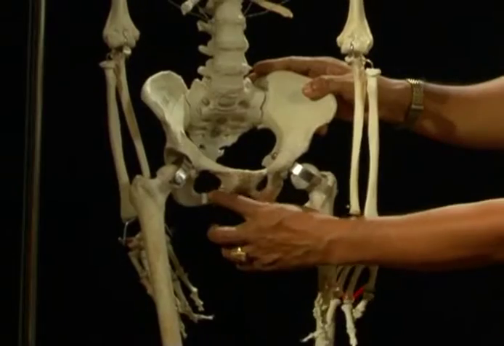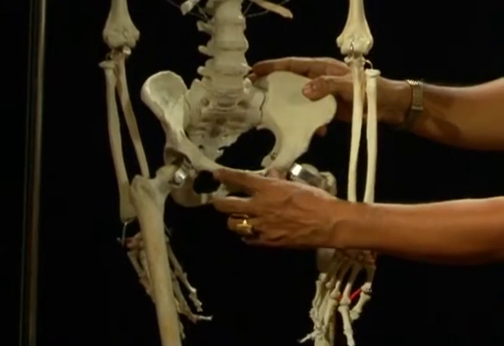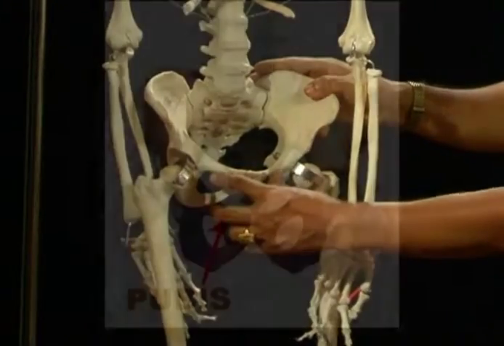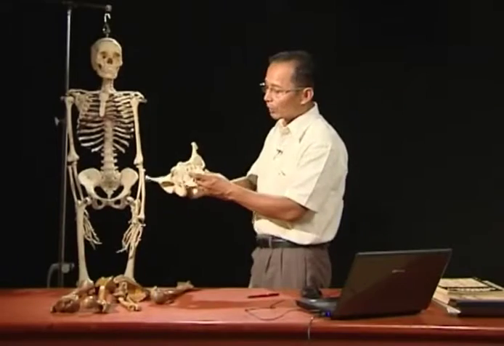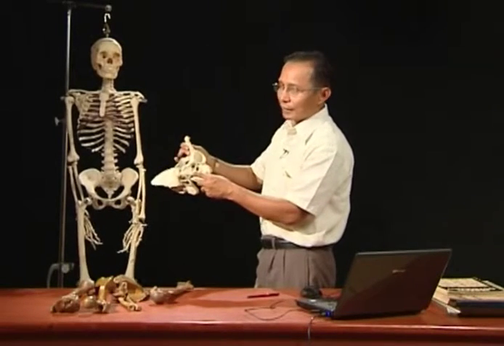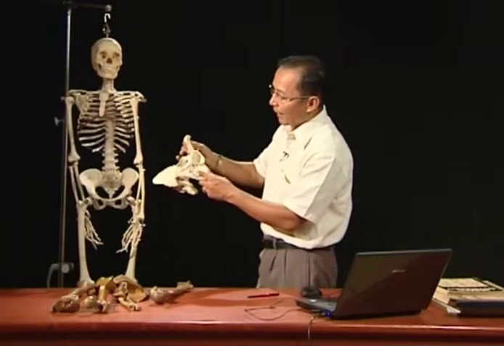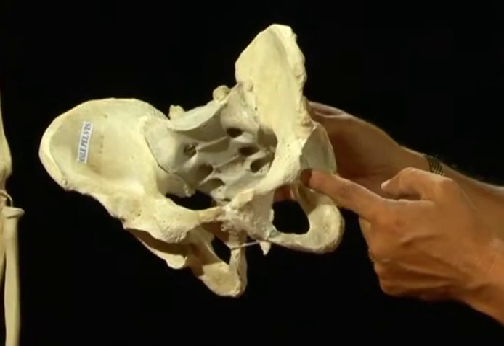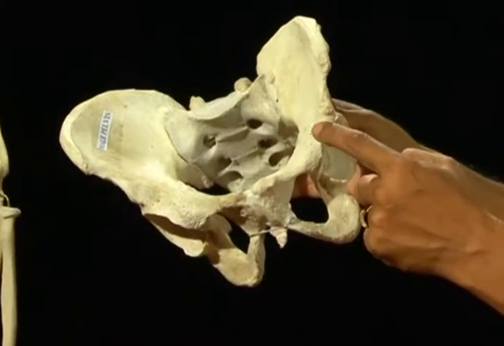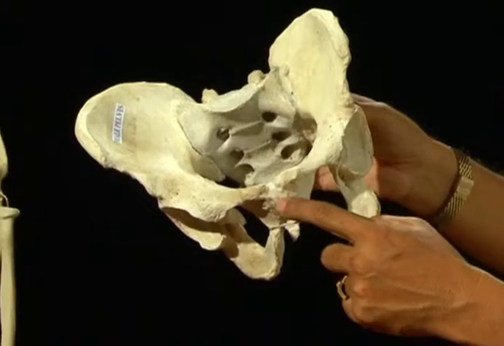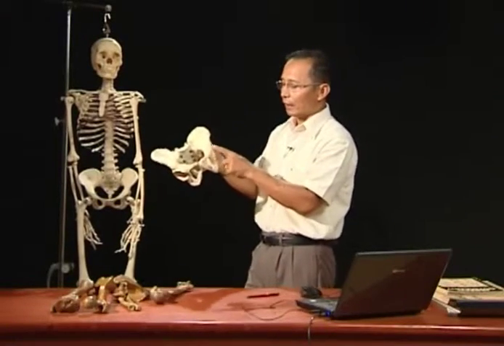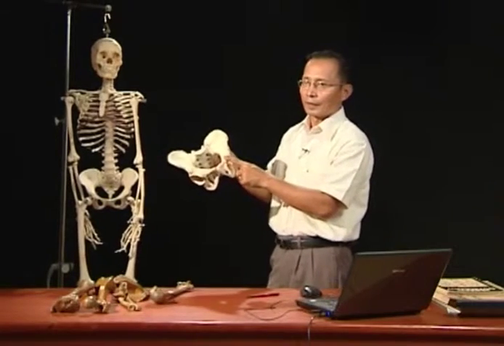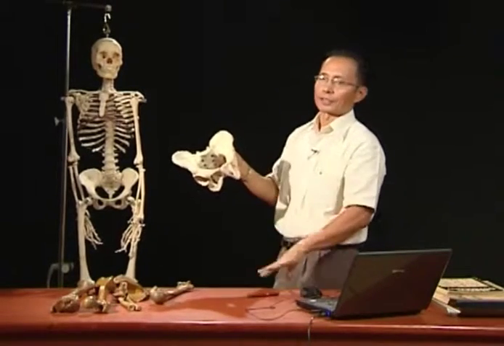So this inferior and anterior part is pubis. As I told you, pubis is constituted by 1/5 of the acetabulum and this anterior part. It has a body, then two rami.